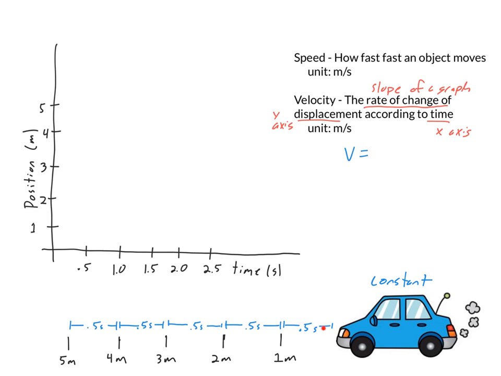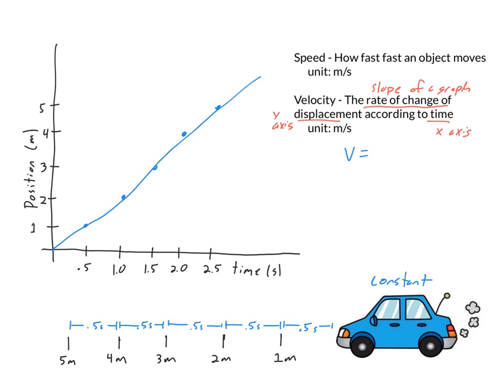So it looks like every 0.5 seconds, I need to make a mark, 1 meter mark, another 0.5, 2 meter mark. Let me do that really fast for us. Well, now that I have all my dots down there, let's hit it with the best fit line or curve. It looks like it's linear, something like that. Sorry for the wavy hand there, also not on graph paper, so things don't turn out completely right.